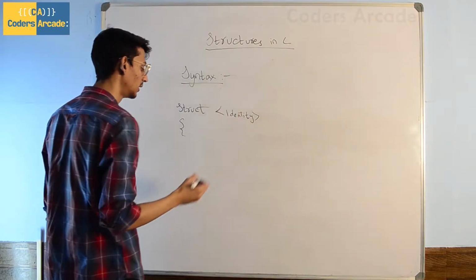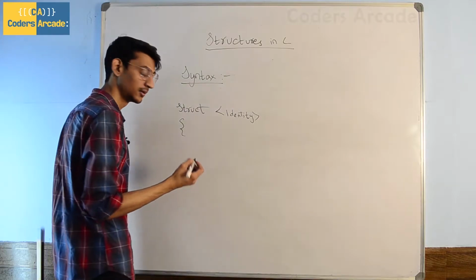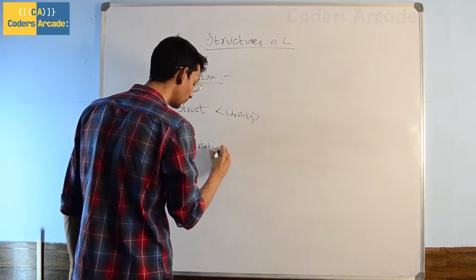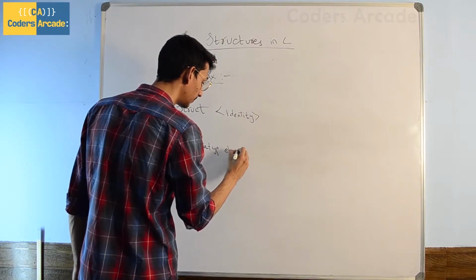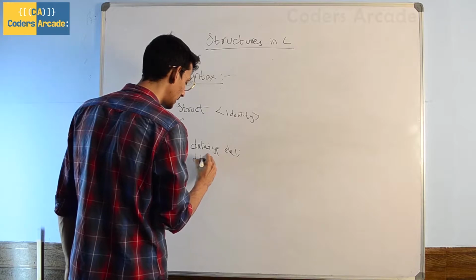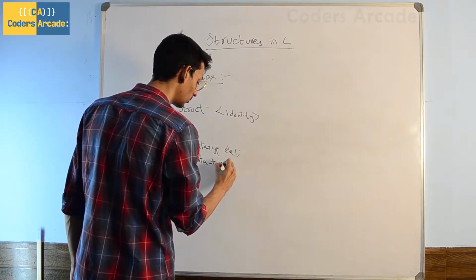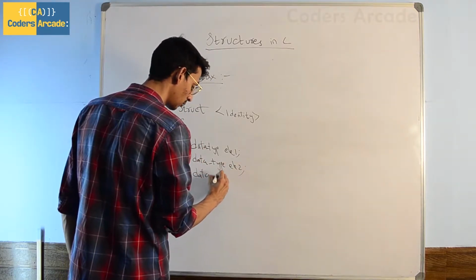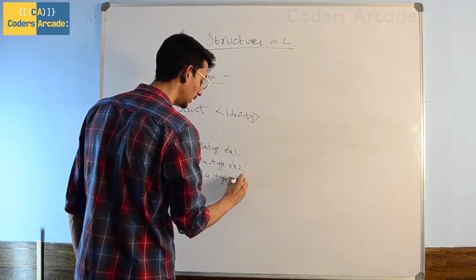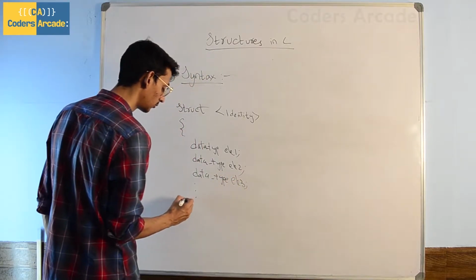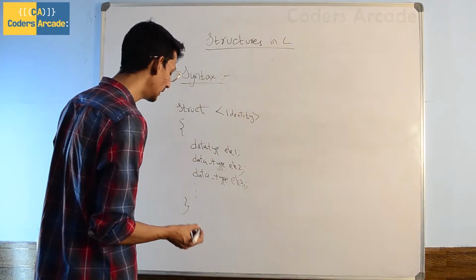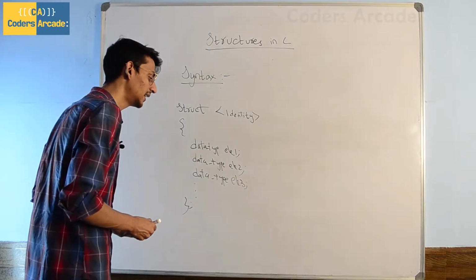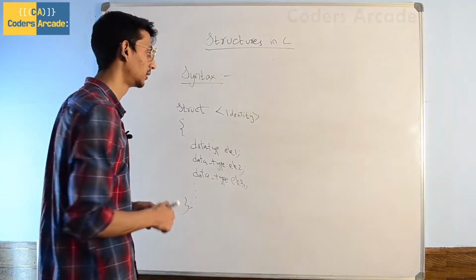Then inside our structure, we define our multiple elements followed by their corresponding data types, like data type element 1, data type element 2, and data type element 3, and so on. At the end, it is a must to put a semicolon. Remember it. Now let us see an example to get more clarity on this.